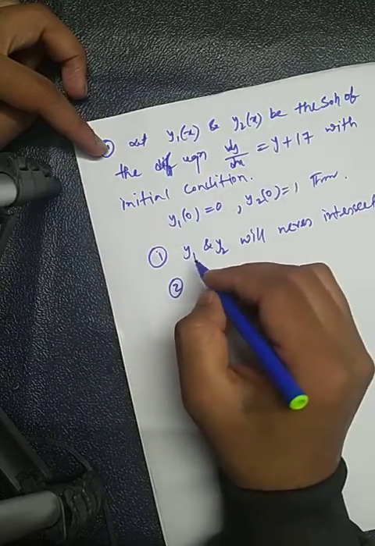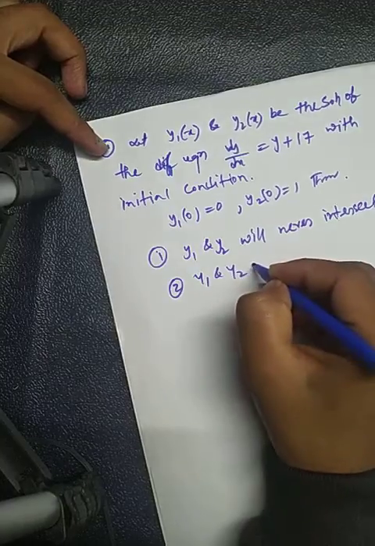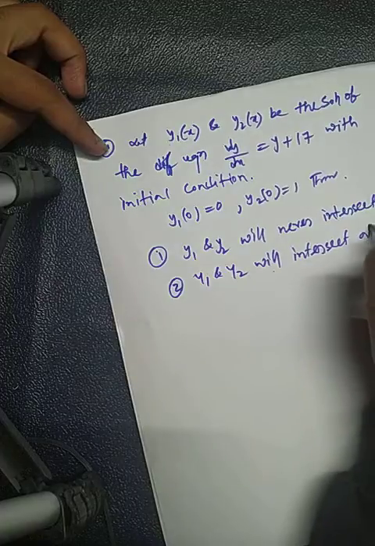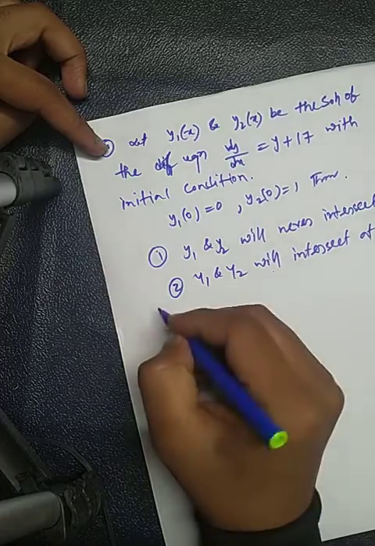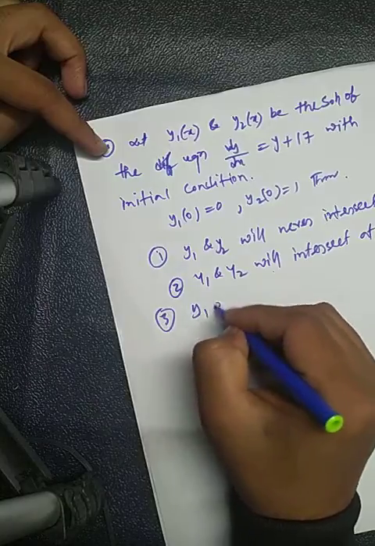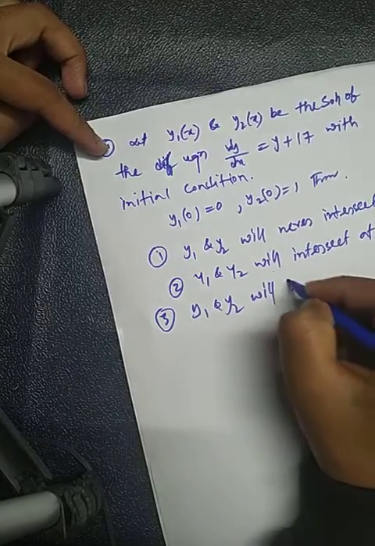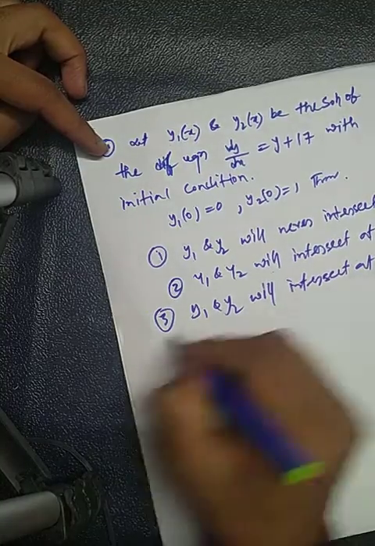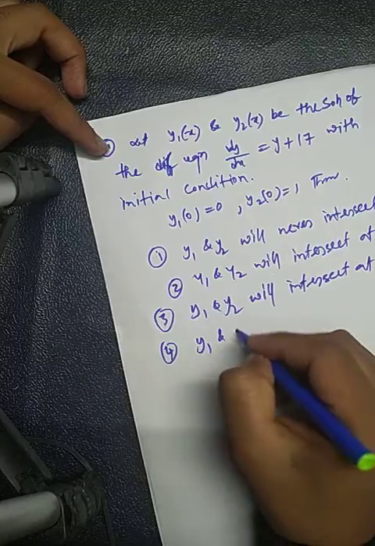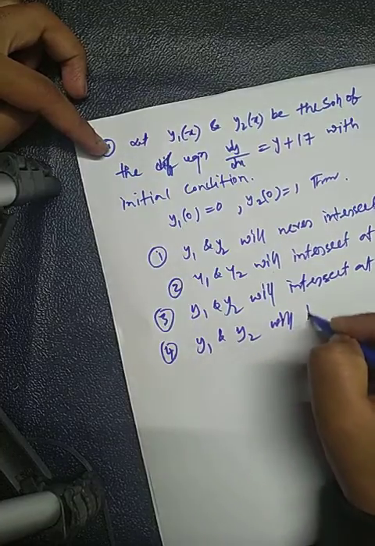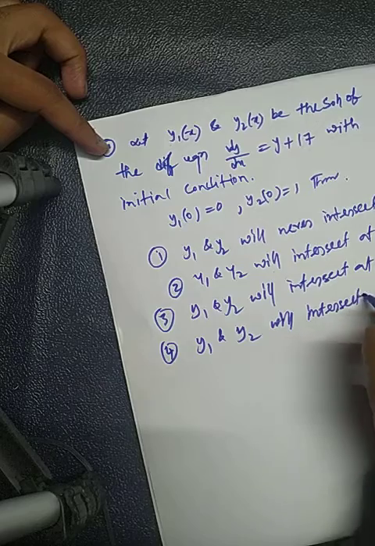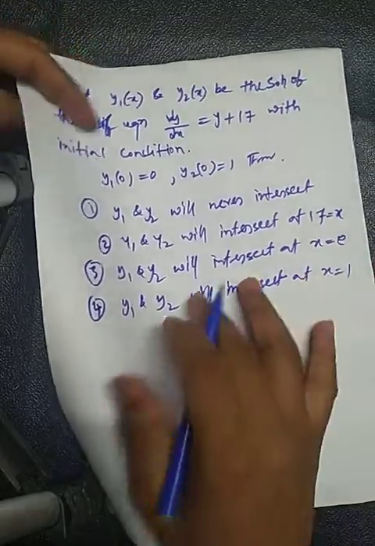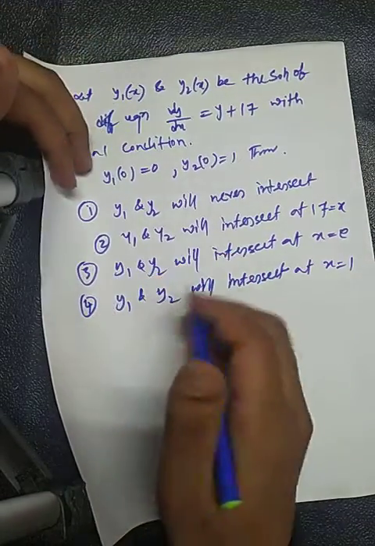Option 2 says y1 and y2 will intersect at x equal to 17. Option 3 says y1 and y2 will intersect at x is equal to e, and option 4 says y1 and y2 will intersect at x is equal to 1. So that's our problem, and we need to solve it.